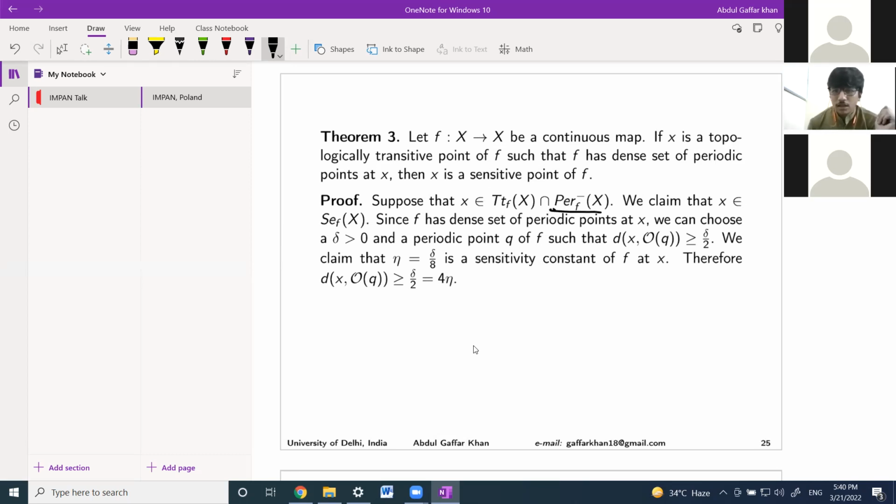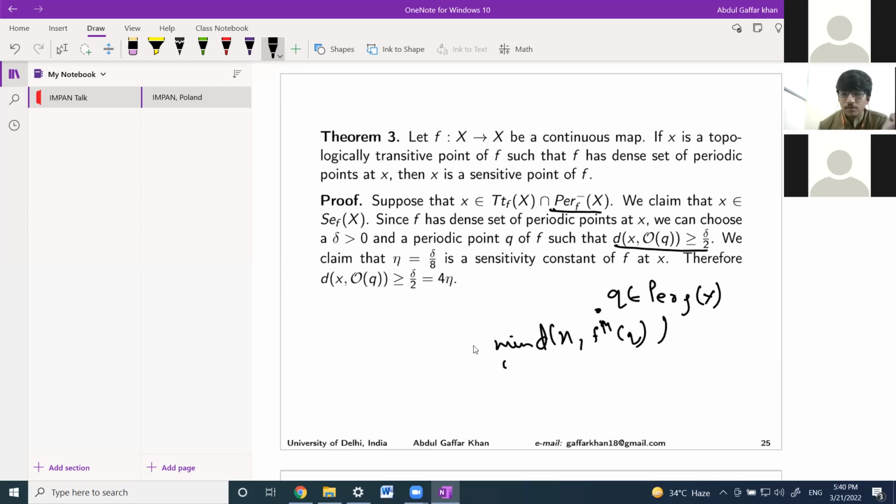Now, since f has a dense set of periodic points at x, we can choose a positive delta so that the distance between x and the orbit of q is greater than or equal to delta by 2. In fact, there exists a periodic point q, which has, suppose, period m, so we can choose the minimum of the distance between x and f^i(q), where i is varying from 0 to m.